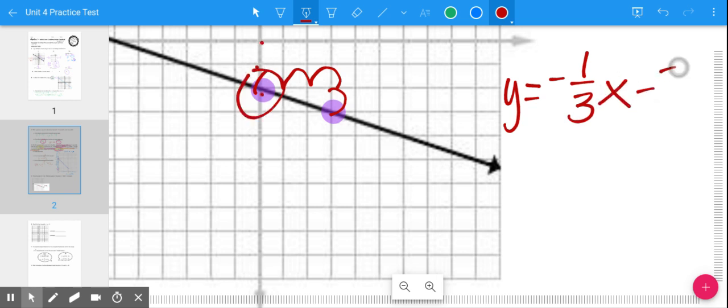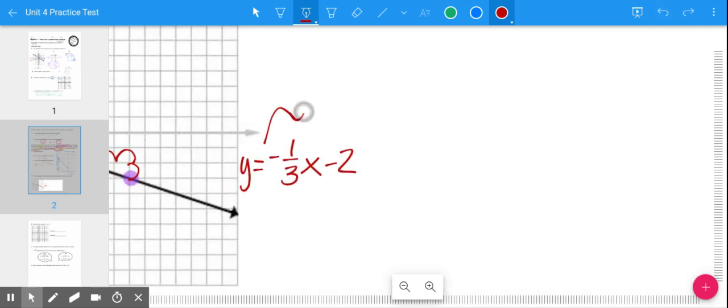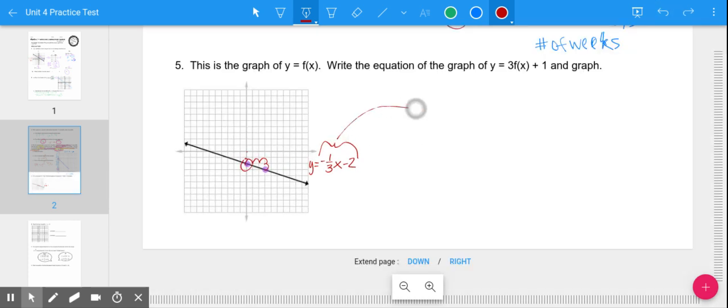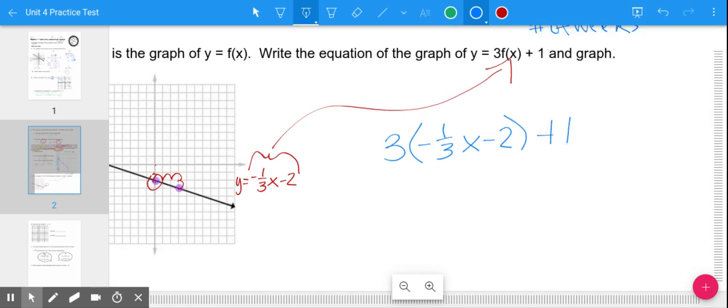So this is my original equation. I'm then going to take this and plug it in for my f(x). So for a new equation, I'm going to have 3 times (negative 1/3 x minus 2) plus 1.